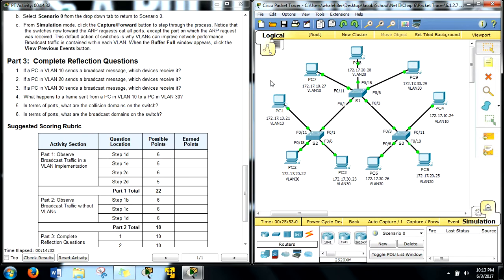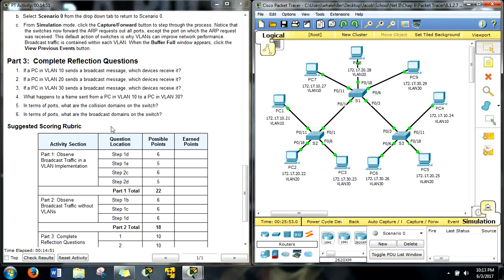Like we saw when we first started this, it went to S2, S1, and S3, and then it went off to S4, because VLAN 10 is only on this interface. The VLAN 30 that we were trying to get to, it had no idea. It's like, well, that's a different network. I can't send VLAN 10 traffic to a different network. So it would fail.